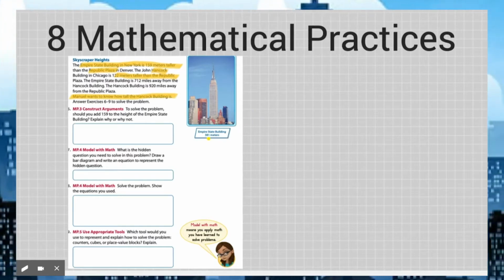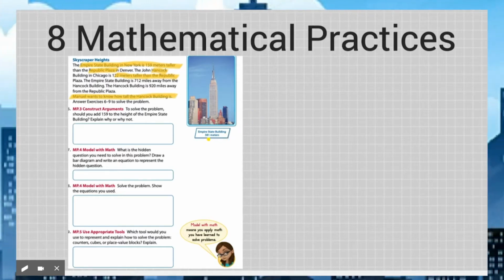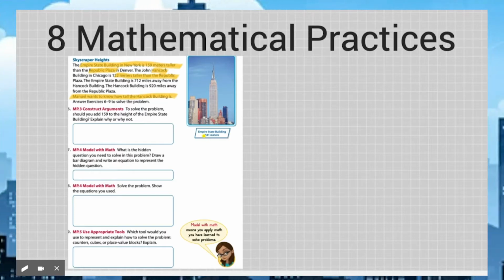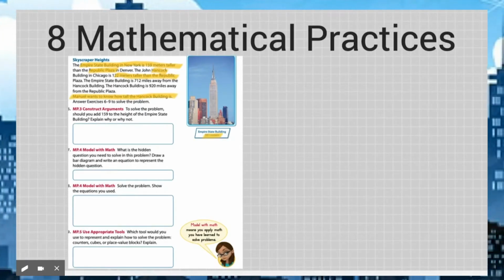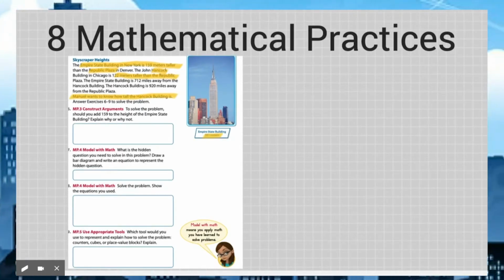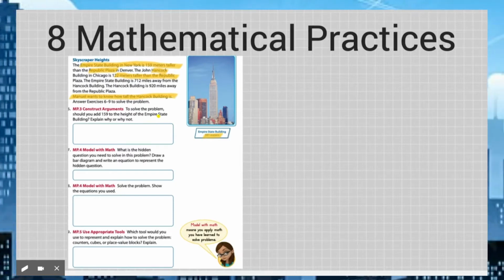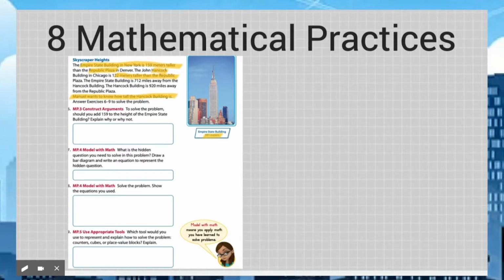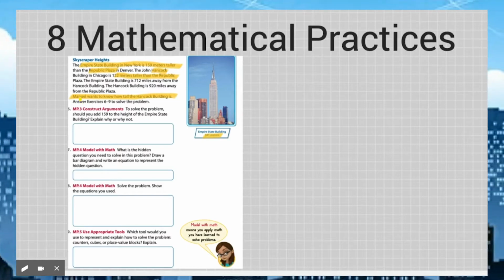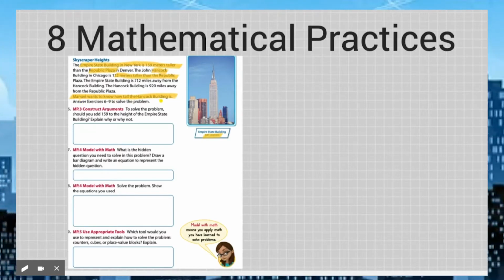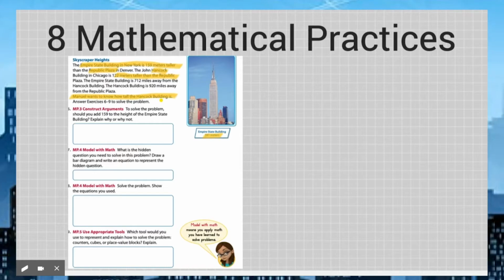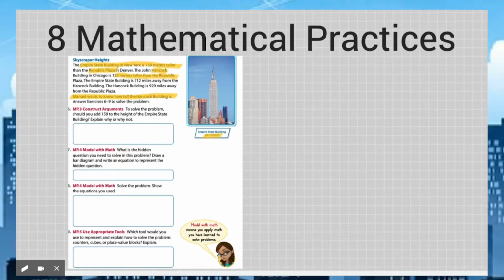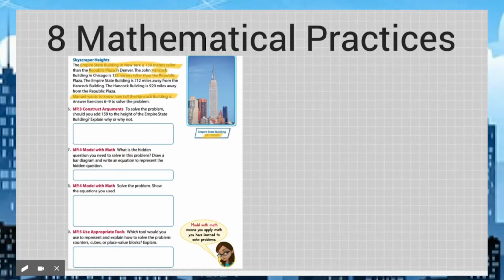The caption says the Empire State Building is 381 meters. That's going to be really important. So here's all the information that we know. And again, what are we trying to figure out? We want to know how tall the Hancock Building is. All right, so let's start working that out.